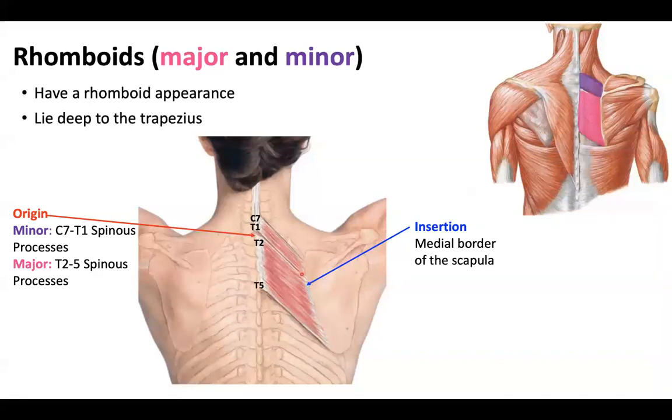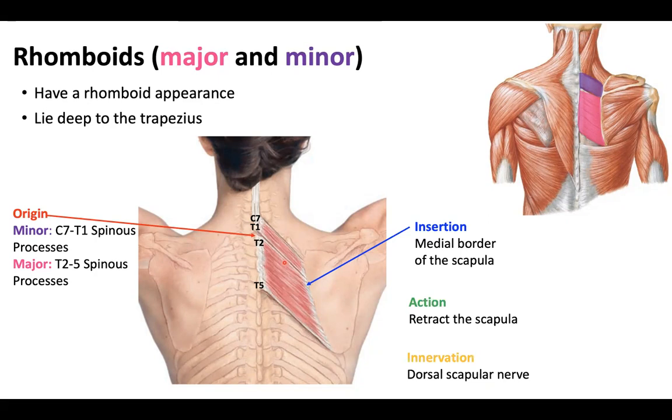Based on the orientation of fibers, when these muscles contract, they pull the scapula towards the midline, towards the vertebral column, which is retraction of the scapula. The rhomboid muscles are innervated by the dorsal scapular nerve.